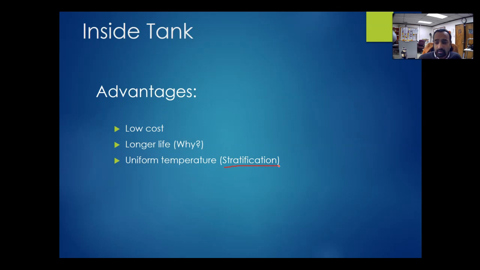You know that oil does change density with temperature. Over time it can be stratified, which means you have high density oil at the bottom, low density oil at the top, etc., based on the temperature. So when the tank is placed inside, it will probably have better stratification and better uniform temperature.